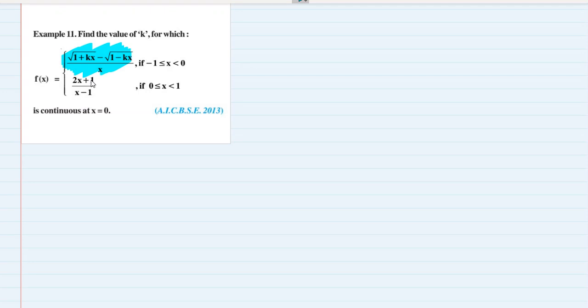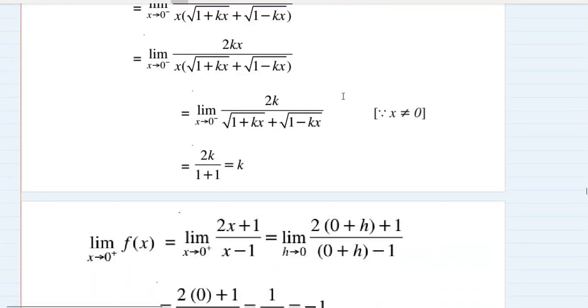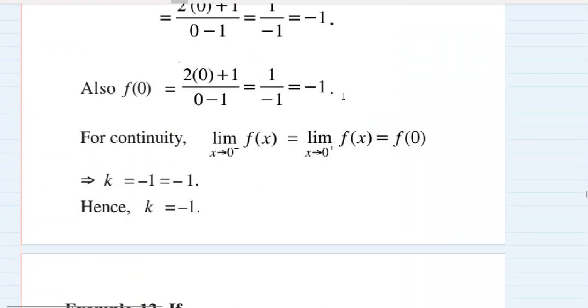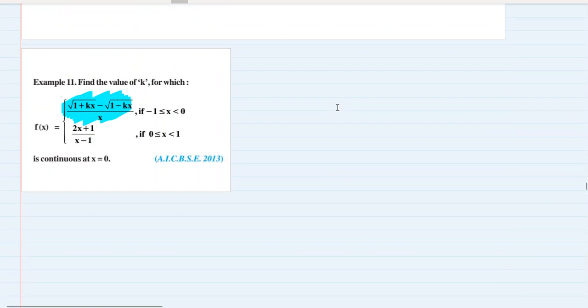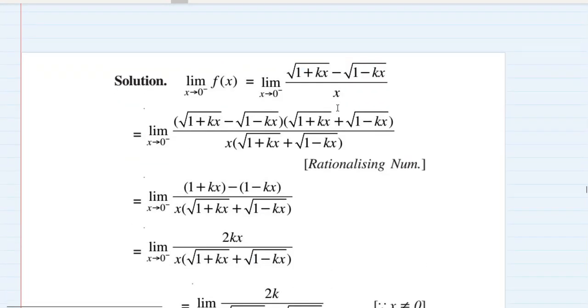Okay, so why don't you pause the video and solve this question once for yourself, and then we'll check the answer. Okay, so I hope you have done this, and let's check the value of k, the final answer. Okay, so k is -1, for which this function is continuous at x is equal to 0. Check the method once.